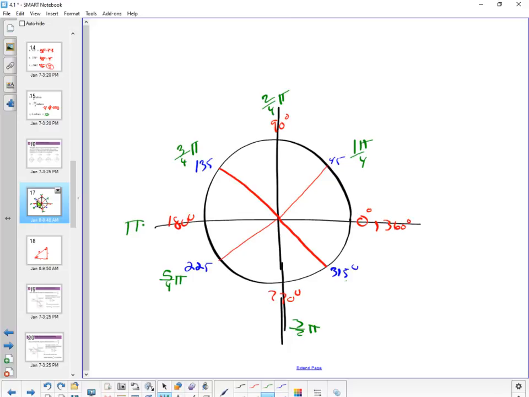Hold on, where did it get halves from? Someone feed me a half? That's right. Oh, it is, because it's simplified. What's this one? 7 fourths? And this one would be 8 fourths, which is 2 pi. Does that make sense?